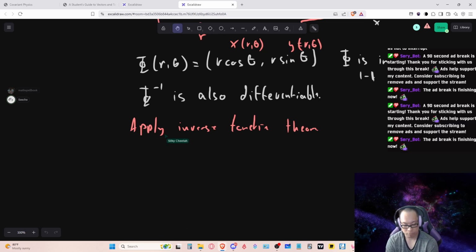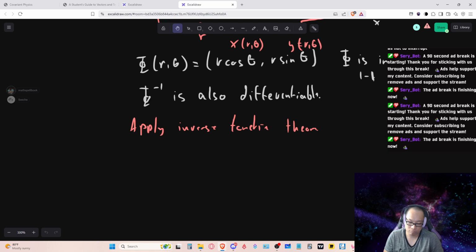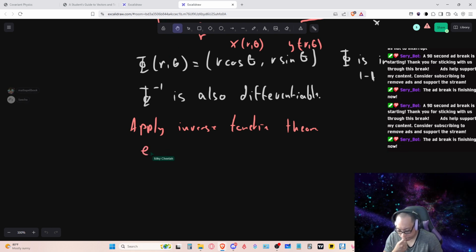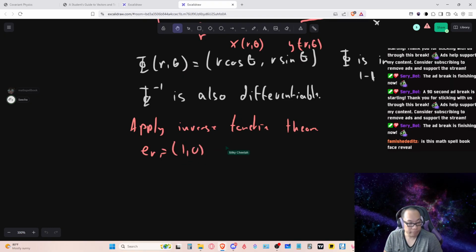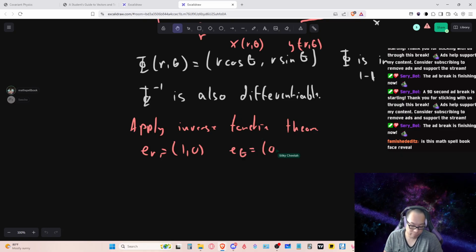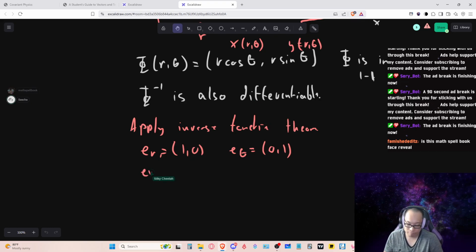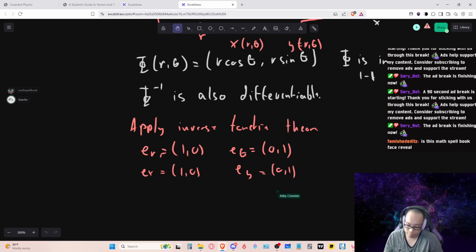So we're gonna take a basis for our plane in polar coordinates. E_r will just be (1, 0), and E_theta will be (0, 1). And we're gonna do the same for the XY plane.